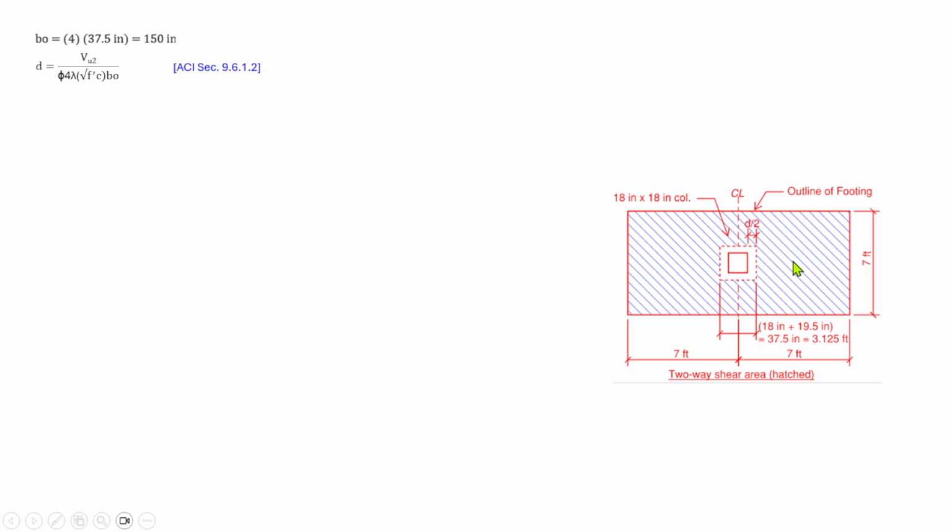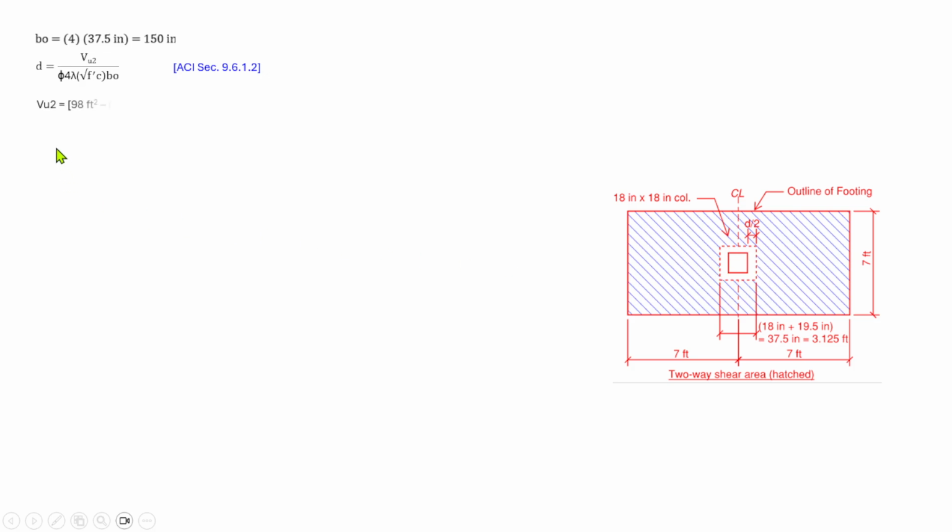The punching shear force is the hatched one. So we have d equal to Vu over phi times 4 times lambda times the square root of the concrete strength times the perimeter of the punching area here. This is the perimeter.